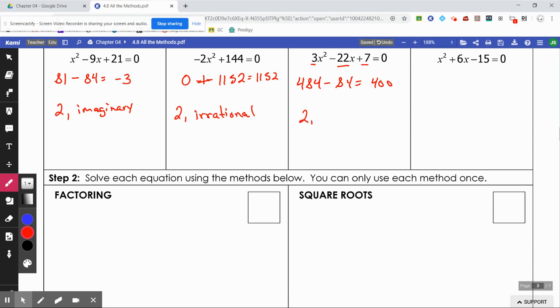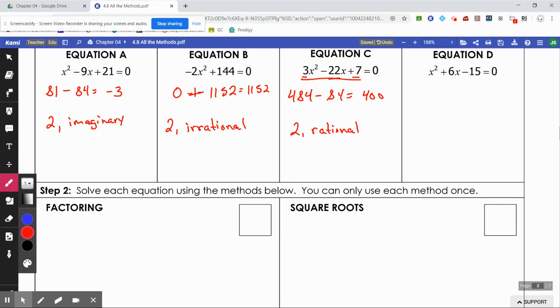Since we know the square root of 400, which is 20, those solutions will be rational. Anytime you have 2 rational solutions, this should be factorable. And then the final one, b squared is 36 minus 4 times 1 times -15. That is a -60. 36 plus 60 gives you 96, which tells us there's going to be 2 answers.